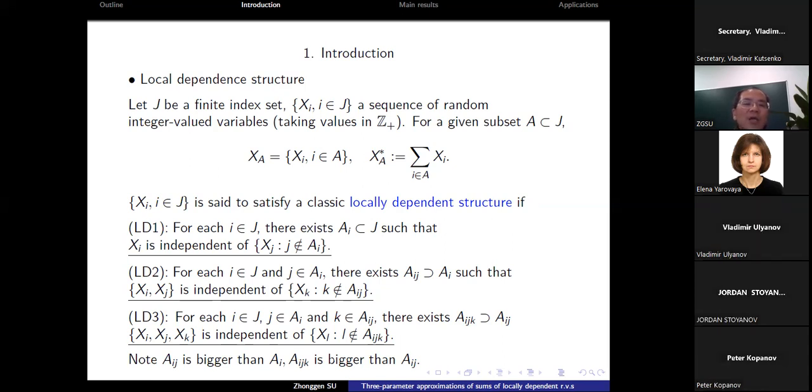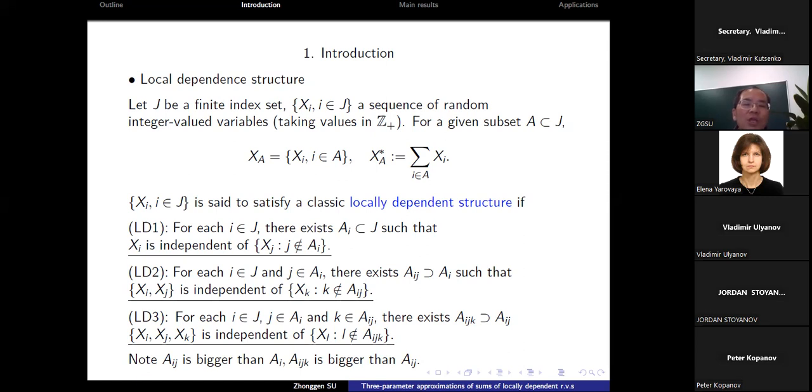The Xi, i belongs to G, is said to satisfy a classical locally dependent structure if the following three statements are satisfied. For each i, there is a subset Ai such that Xi is independent of random variables outside Ai.